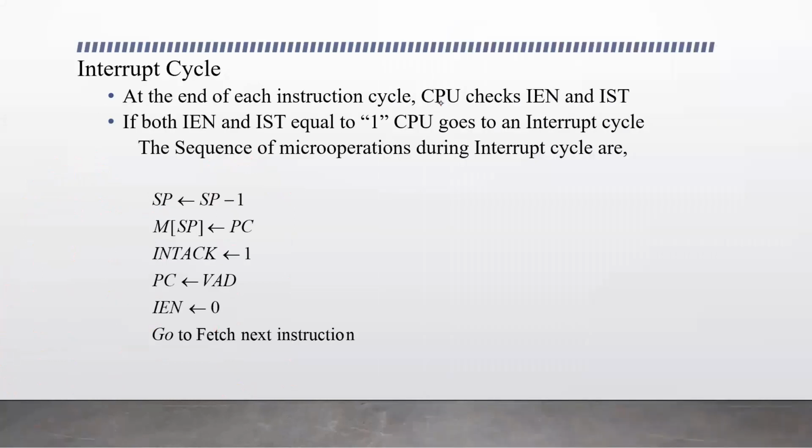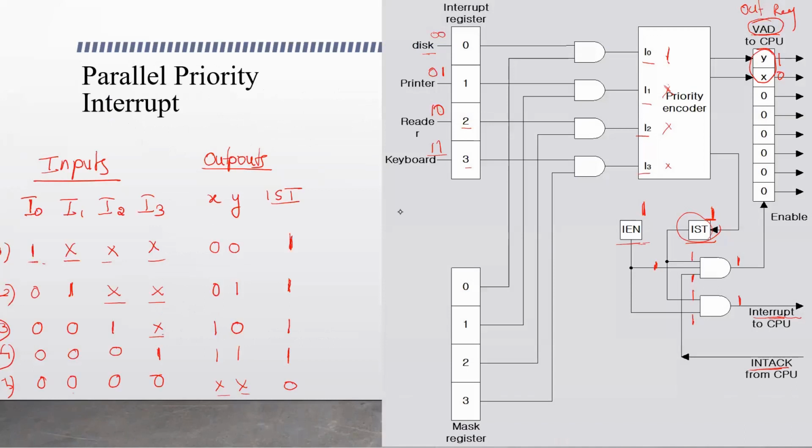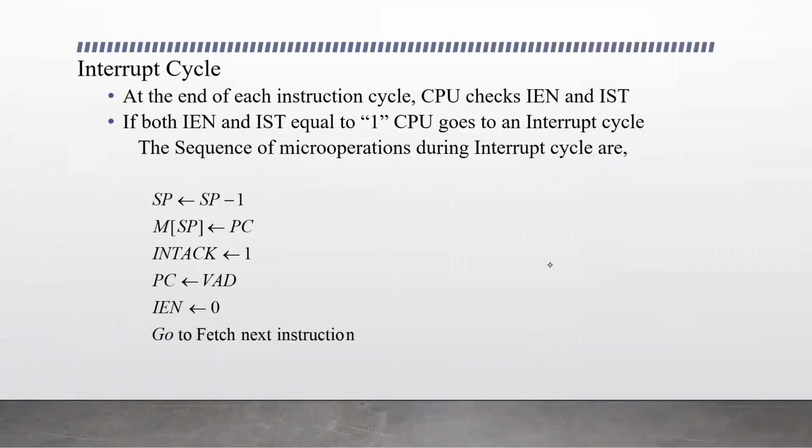So next is the interrupt cycle. When the interrupt is initiated by one of the devices connected to the CPU, the CPU has to stop the program that it is executing, and it has to execute the interrupt service routine of that particular device that sent the interrupt request to CPU.